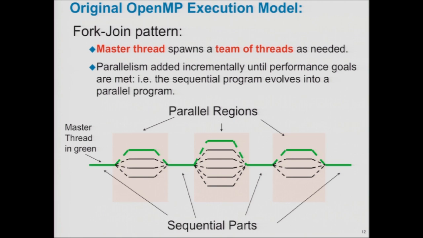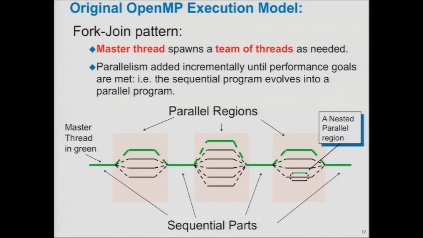Some of the terms that you'll hear thrown around in OpenMP: one of the big terms is the sequential part of your program. That's just where you don't have any parallel regions. In fact, in OpenMP, we call that the implicit parallel region, but there's only one thread executing it. We already mentioned that you have parallel regions, and in OpenMP, you can have nested parallel regions.